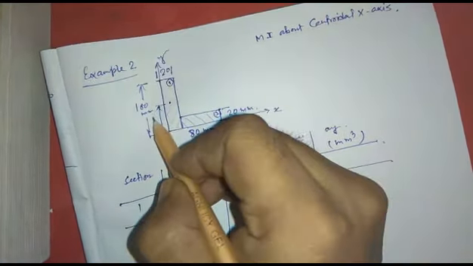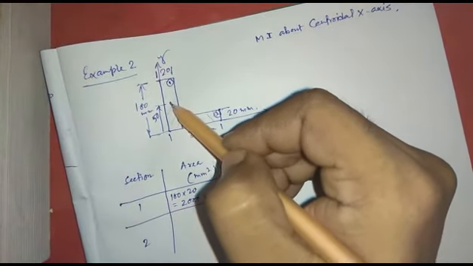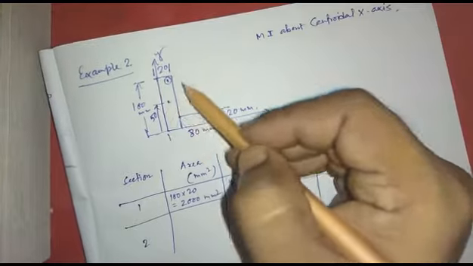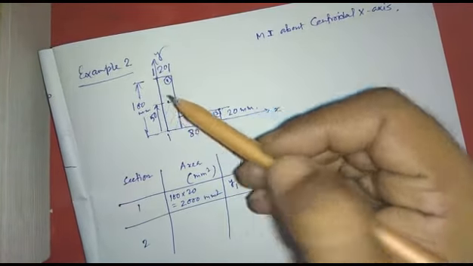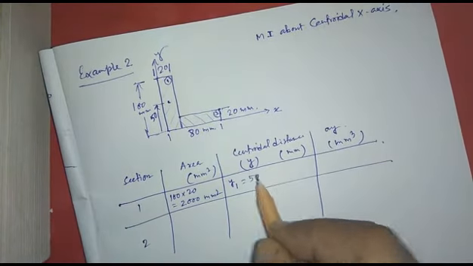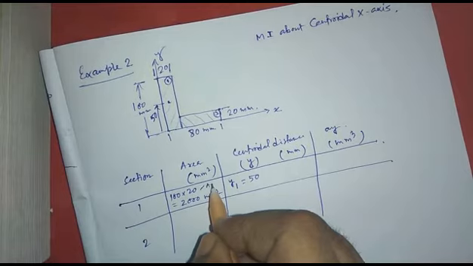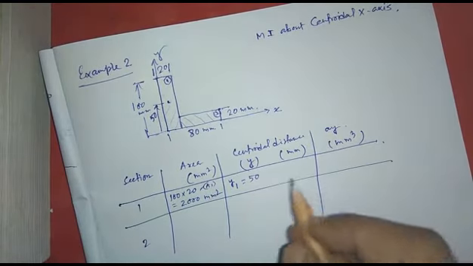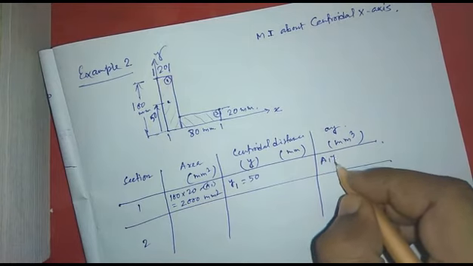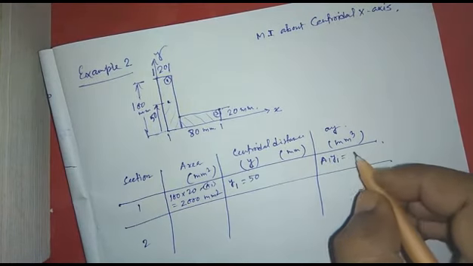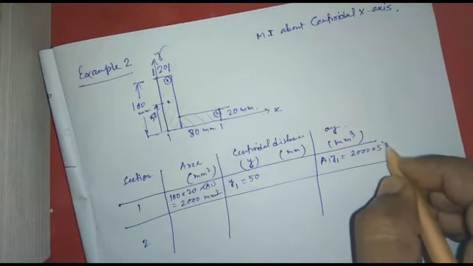This should be 50, half of this, as the centroid will be at the middle of this section. So y1 is 50 and this 2000 is basically A1. So A1Y1 is 2000 into 50.